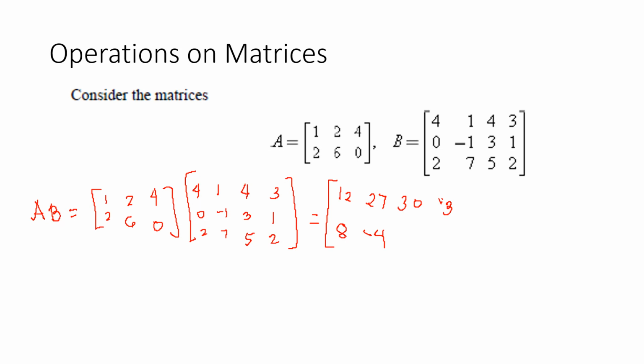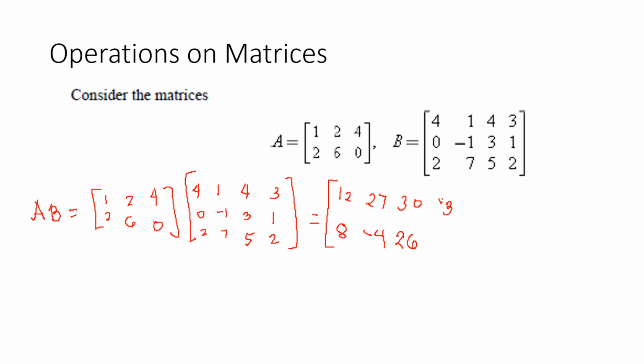Then for the third entry, you have 2 times 4 plus 6 times 3 plus 0 times 5, which is equal to 26.